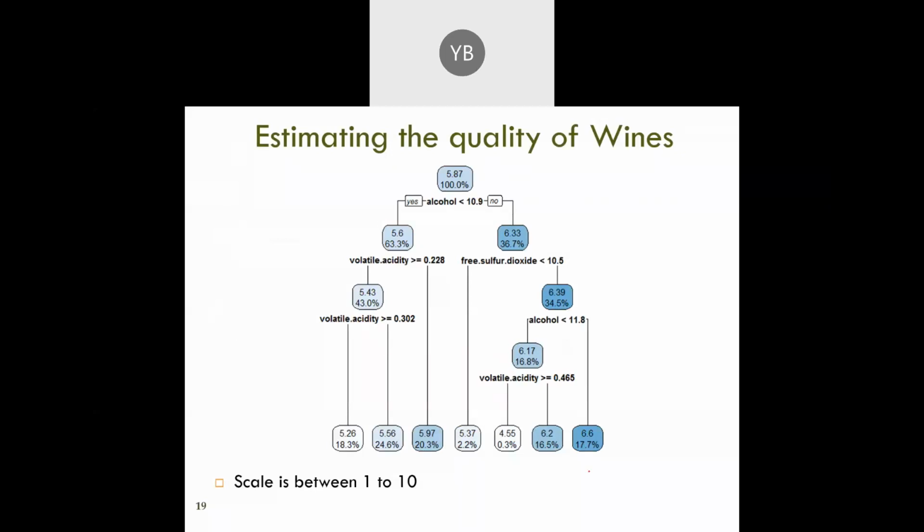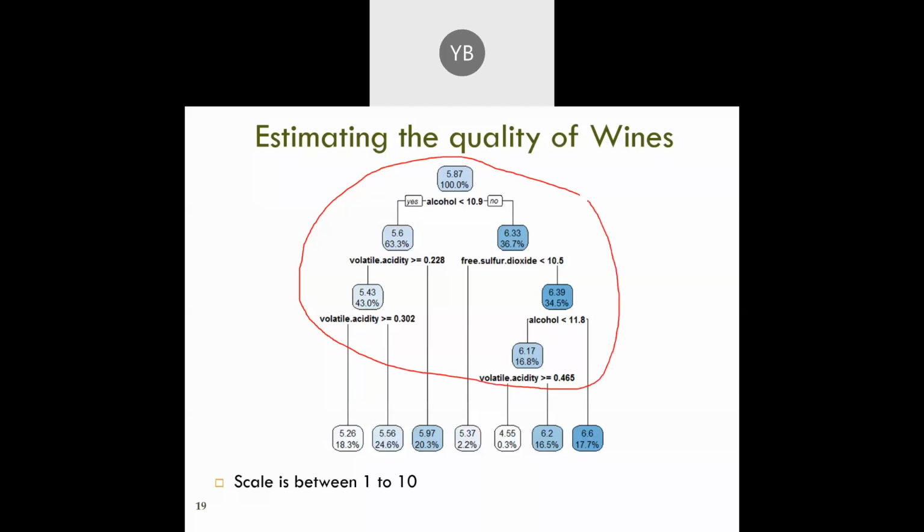Okay. For example, this is the example when we do the wine testing. The wine testing gives you a scale between 1 to 10. So if you like the wine, you put 6, 7, and so on. So what they want to do is they want to know why people put 6 or 7 or 8 for the rank of the wine based on the content of the alcohol.